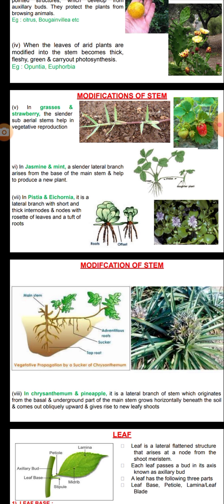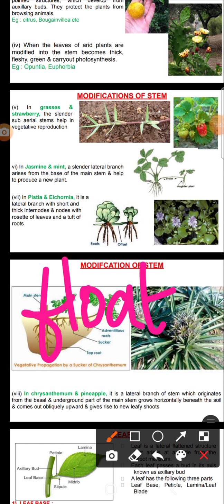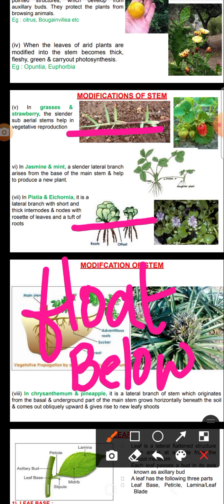Next one is Pistia. These two plants also float on the surface of water, and similar to the grass plant stem, the stem of these plants will be present just below the surface of water.